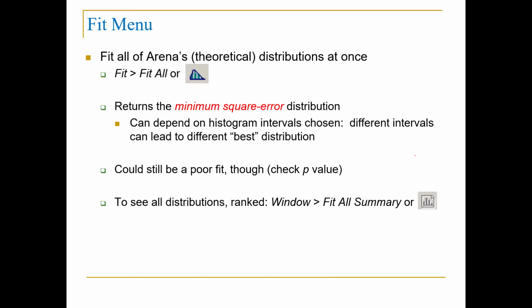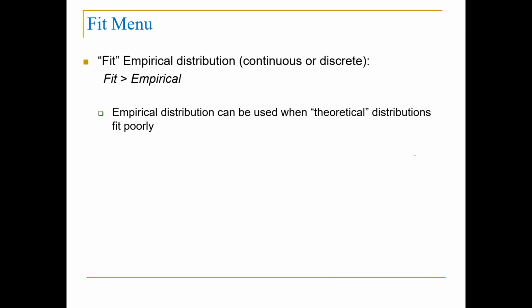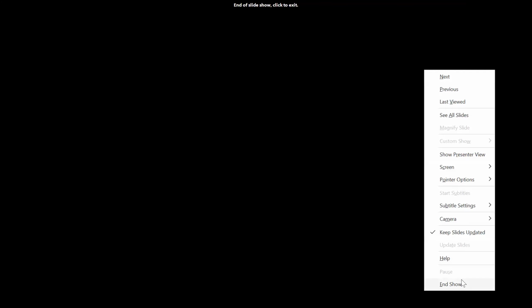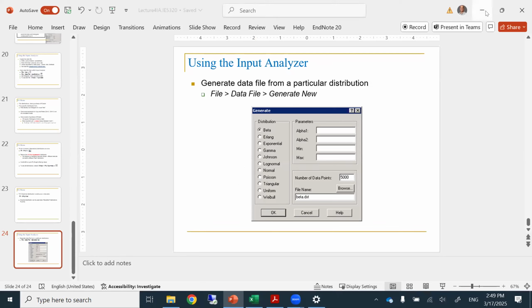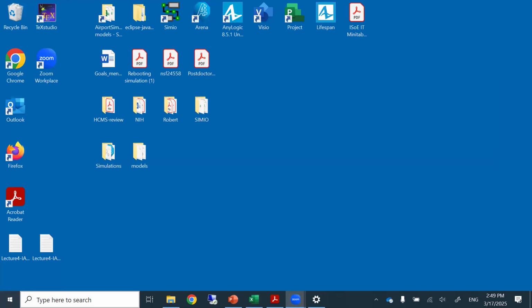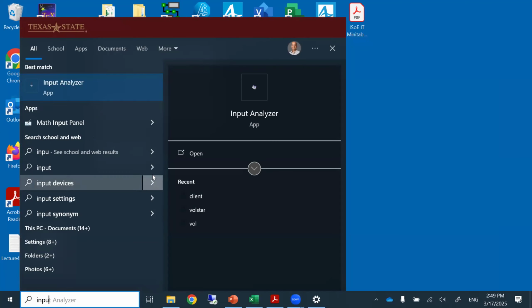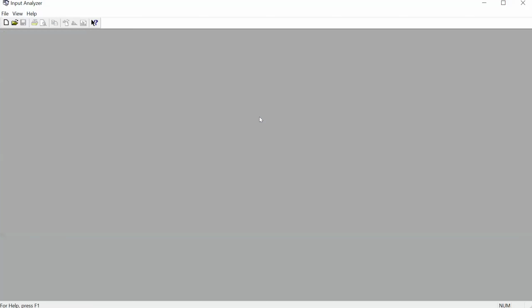Okay, so I think we can go to the input analyzer. You can search for it, input analyzer, and then open the software.